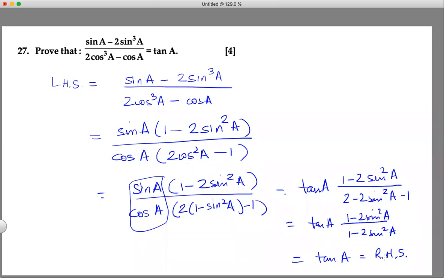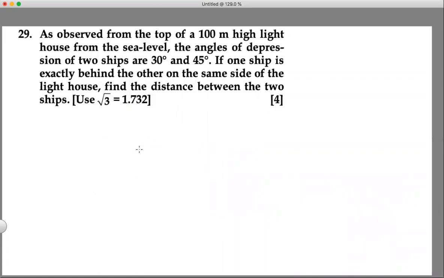Okay, let's move on to the next question. As observed from the top of a 100-meter high lighthouse from the sea level, the angles of depression of two ships are given. So we have a 100-meter high lighthouse, and from here the angles of depression are given.